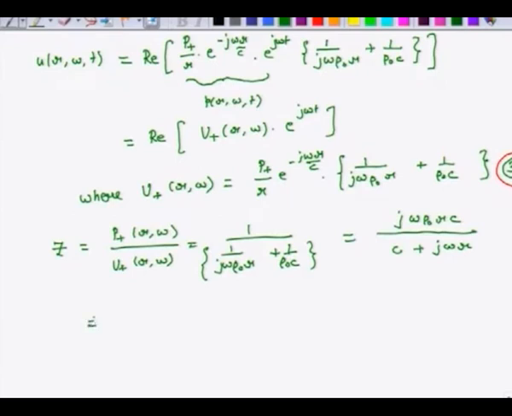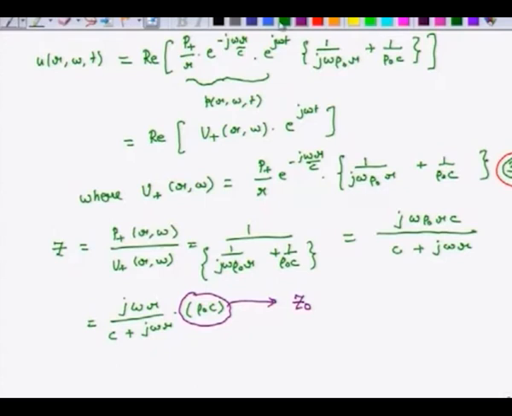And this is equal to j omega r divided by c plus j omega r times rho naught c. Now, we know that rho naught c equals z naught, which is the impedance of a plane wave as it propagates through air. So, that is z naught.